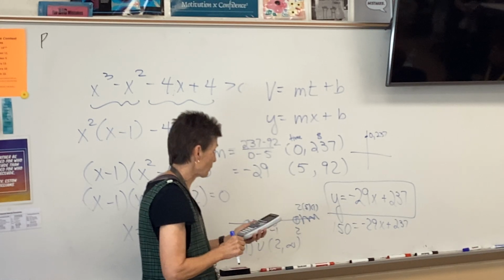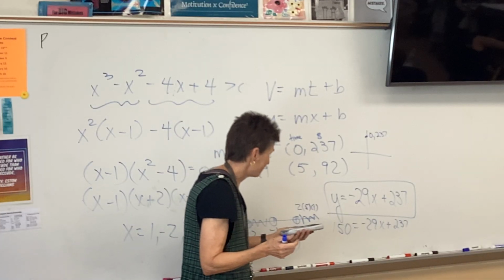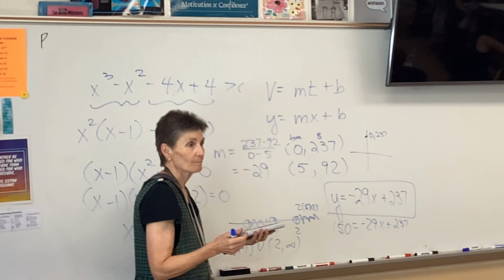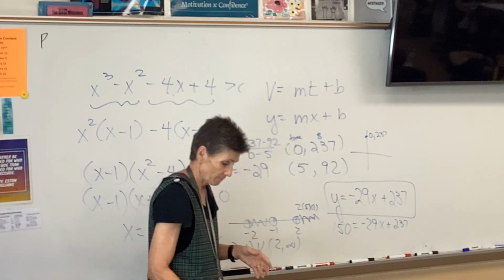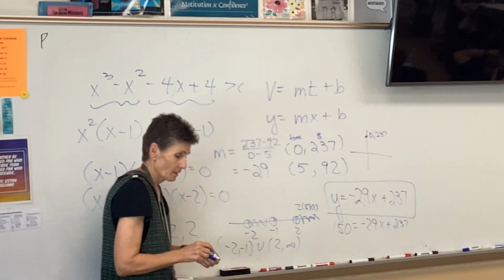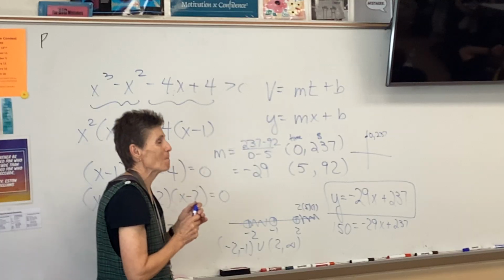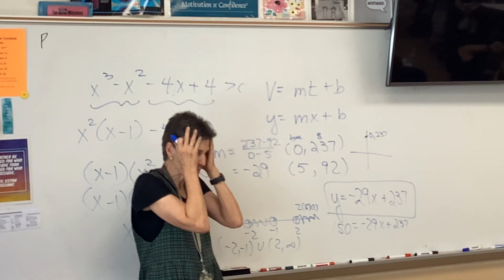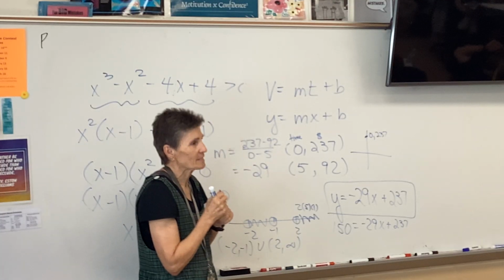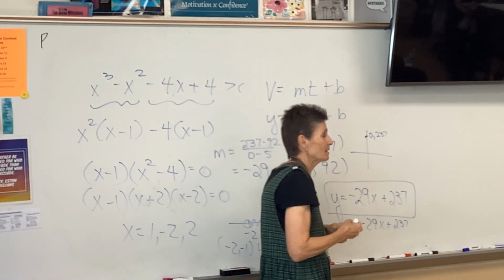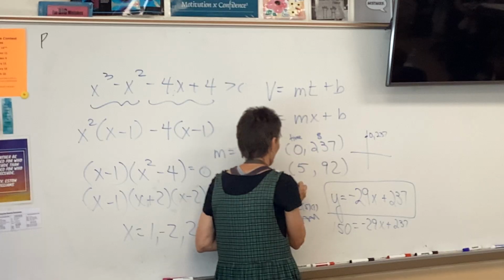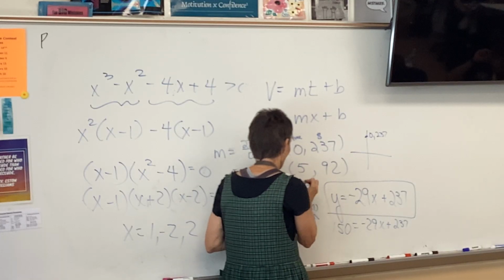Oh, I didn't have to round, I got 3. 3 years. Oh, this is a trick question. Really tricky. I would never trick you like this on the test, because this is tricky. So what does that 3 represent? That would be the ordered pair 3, 150, right?